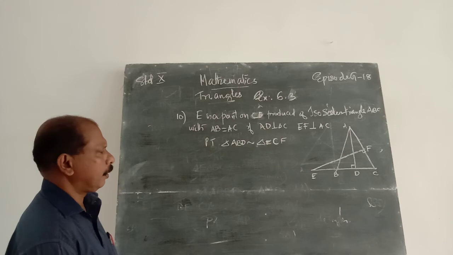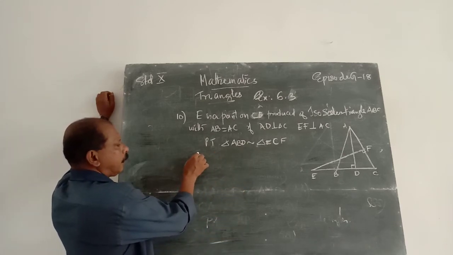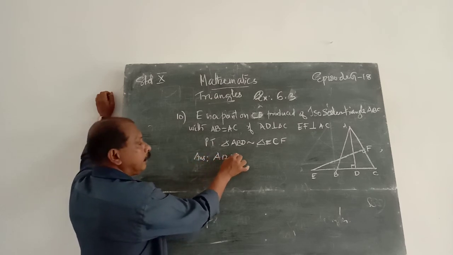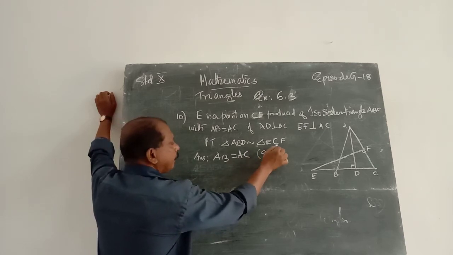Answer: AB is equal to AC, that is given.